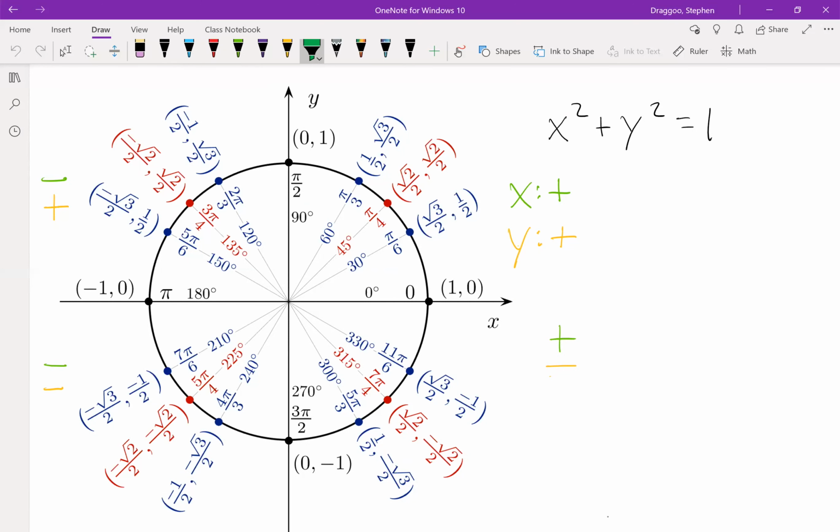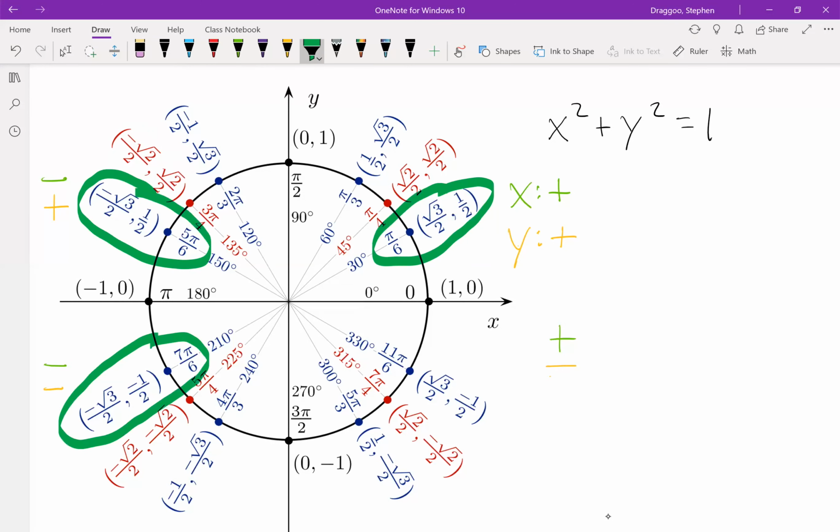What I mean by that is that each of the angles in that class has the same reference angle. So if I talk about the class of pi over 6 angles, highlighted here in green, each of these 4 angles has the same reference angle of pi over 6.